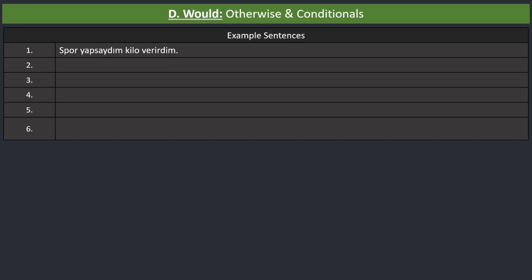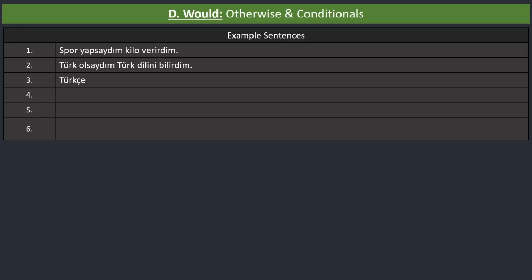Türk olsaydım Türk dilini bilirdim. Türk dili, or not, why not just Türkçe? Türk olsaydım Türk dilini bilirdim. If I were Turkish, I would know the Turkish language.